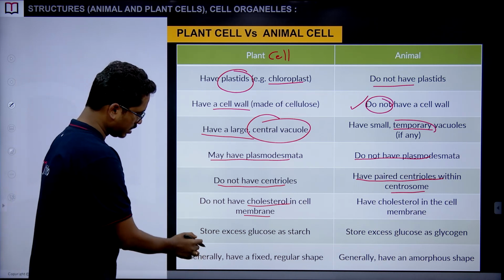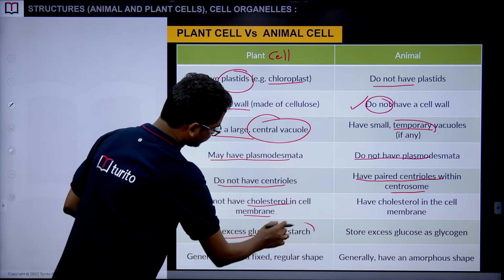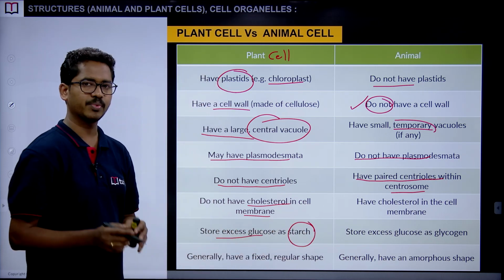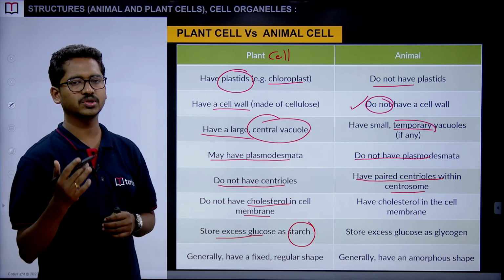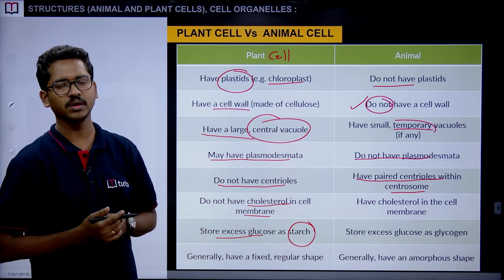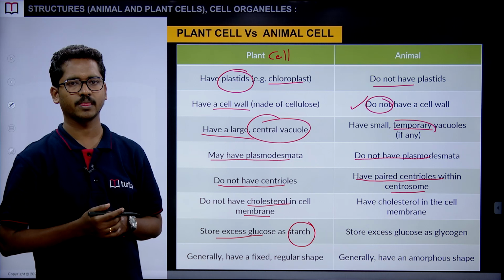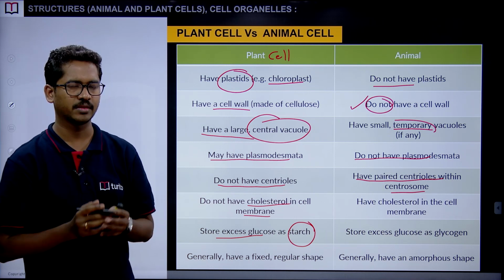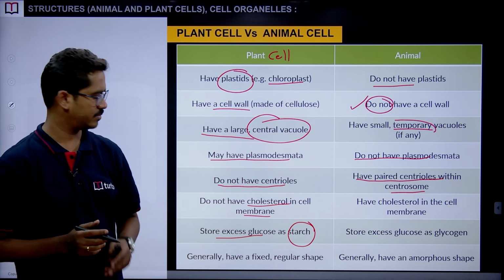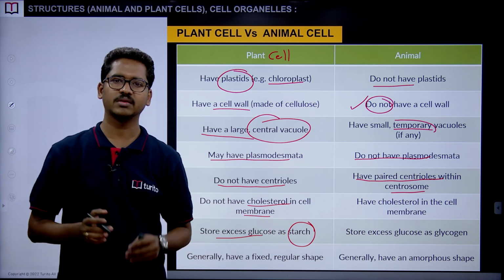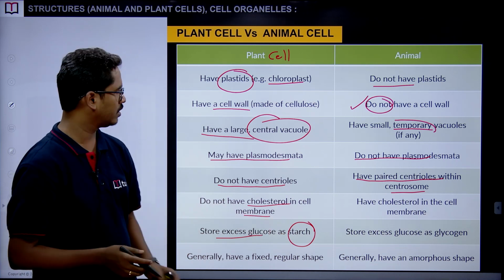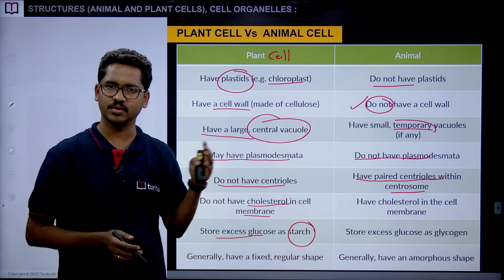Following which, the plant cell stores excess glucose in the form of starch. Now, what does it imply? It implies that starch is the reserved food material of the plant cell.